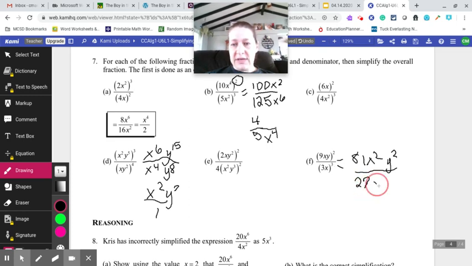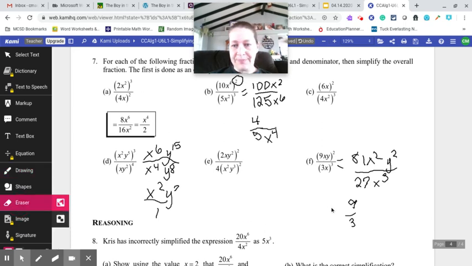X times 3 is x to the third. Okay, 81 and 27. Let's see. Divide them both by 9. This would be 9 over 3, which reduces to 3. Sorry about that.